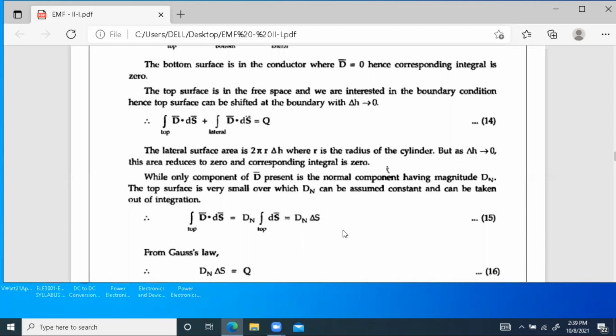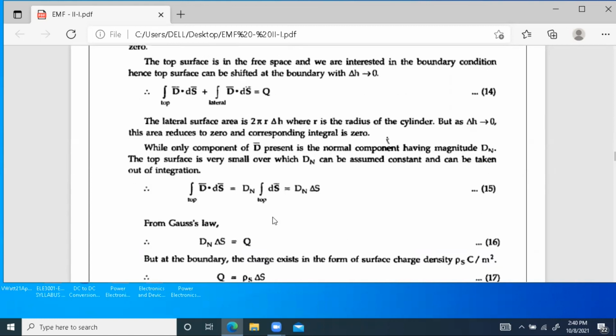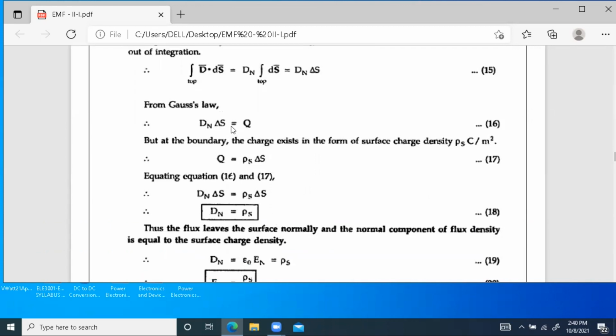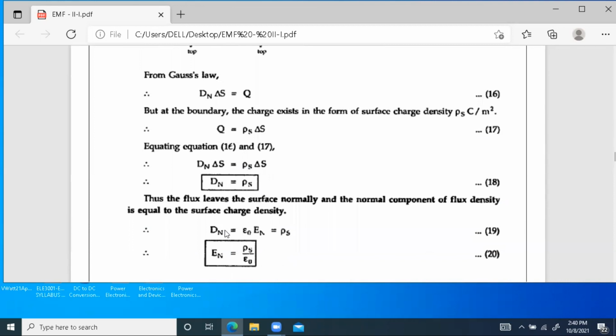While the only component present is the normal component having magnitude D normal. The top surface is very small, over which D normal can be assumed constant, and hence we can take it out of the integral. So we get this. So all we are left with is this.